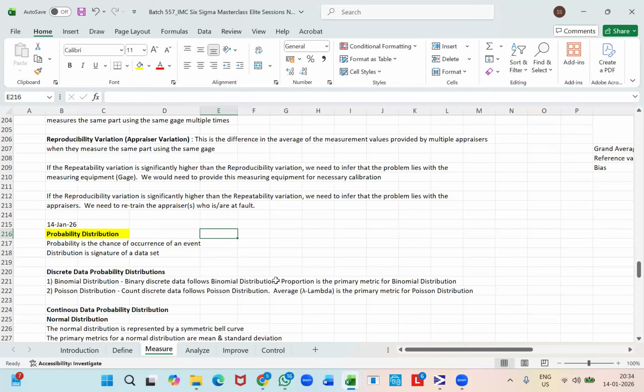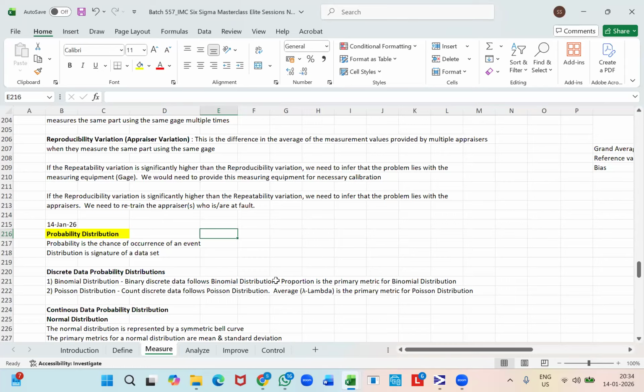So proportion is the primary metric for binomial distribution. And then we have Poisson distribution. Count discrete data would follow Poisson distribution. And we all know that Poisson distribution would be represented by a metric called average, which will be denoted by lambda, right? So average is the primary metric for Poisson distribution.